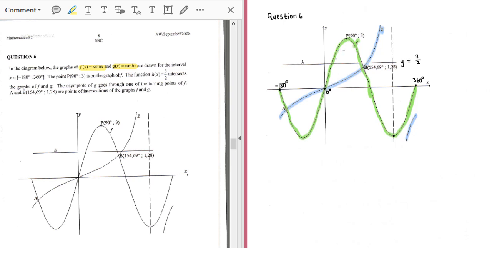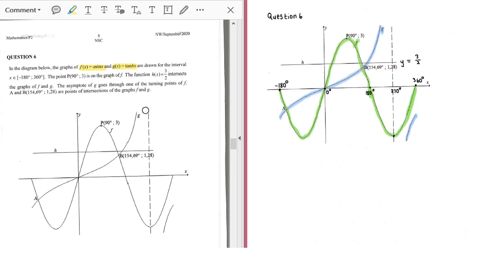This is still 0 degrees, that's 90, this is 180, so this is 270 degrees. So basically what they're saying is that we have an asymptote of G going through the point 270 degrees.